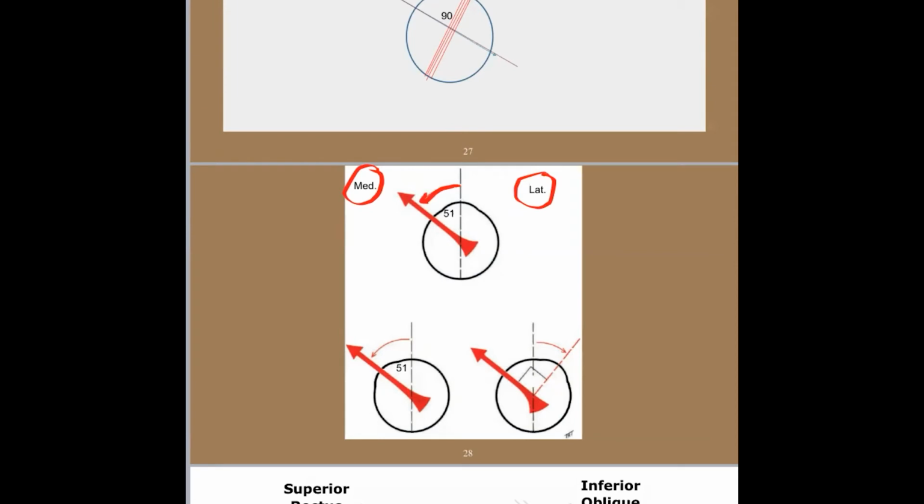So this is rule number 4, which is the main elevator and main depressor in abduction and in adduction. In abduction they will be the recti muscles, and in adduction the oblique muscles.